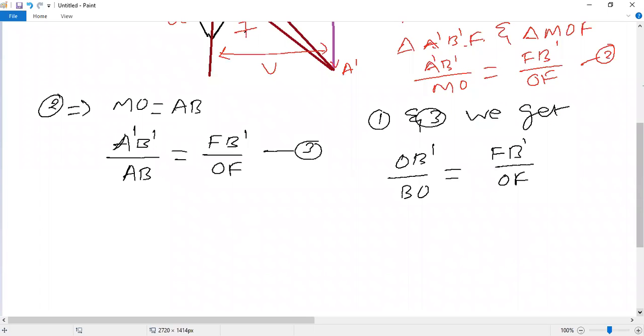From the diagram, OB dash divided by BO is equal to FB dash, which is OB dash minus OF, divided by OF.